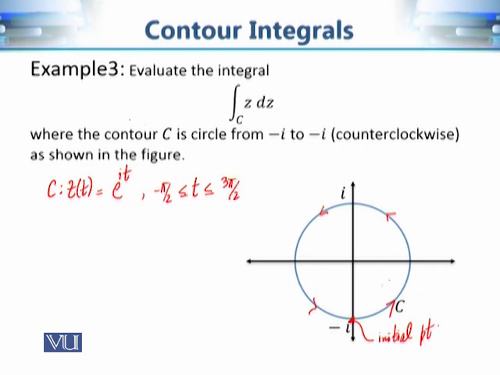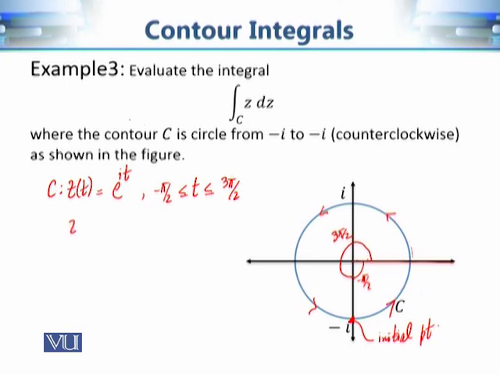So minus pi by 2 is the initial point. Then of course we move in this direction and we end up at this point, where the angle is 3 pi by 2. So we start from minus pi by 2, and 3 pi by 2 is the end.